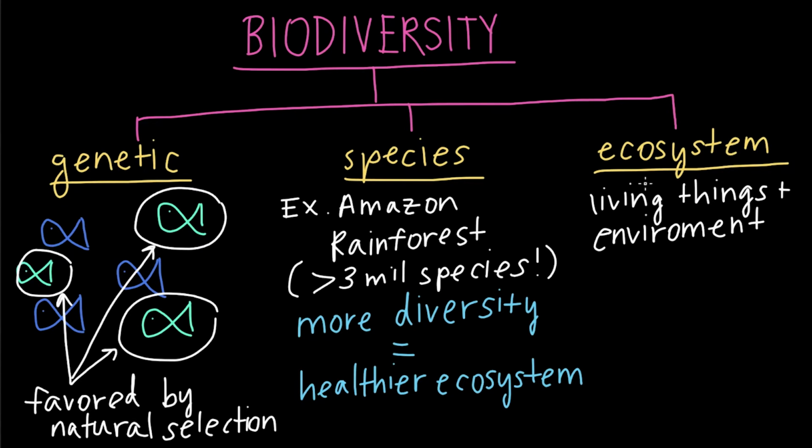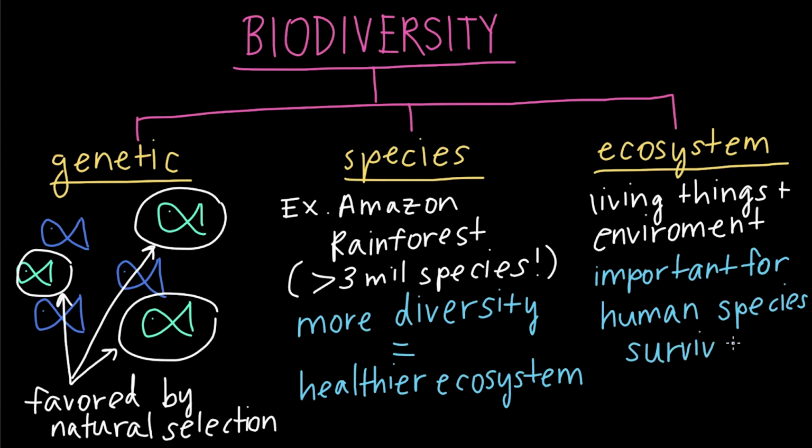There exist all kinds of ecosystems on Earth, some of which include deserts, tropical rainforests, temperate grasslands, and even tundras, to name a few. And the reason why ecosystems are important is because they sustain human life in a variety of ways. So having ecosystem diversity is important to the survival of our species, the human species.